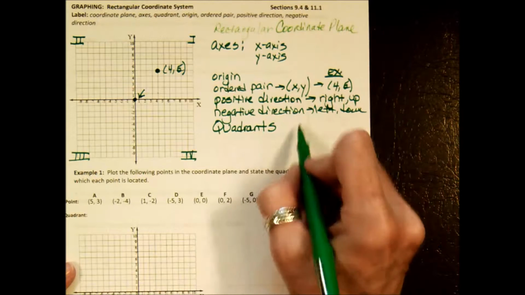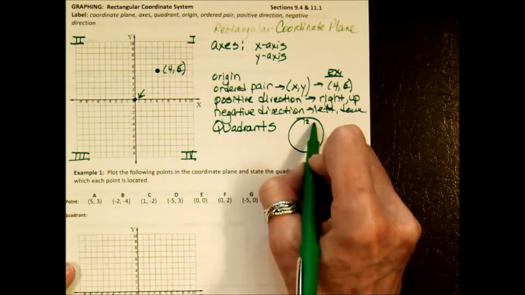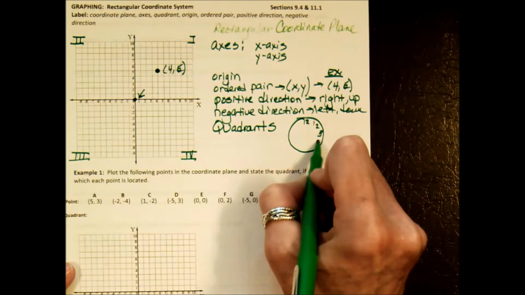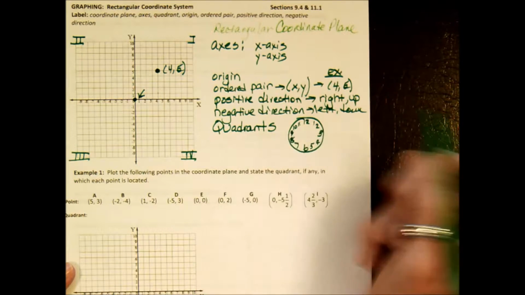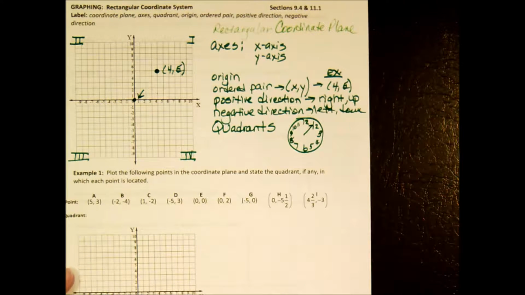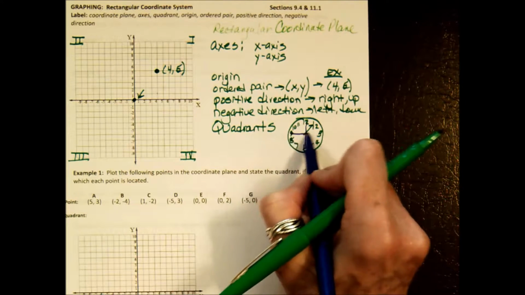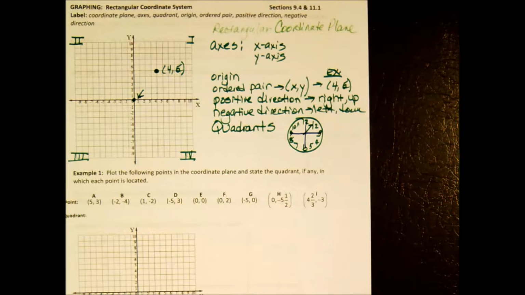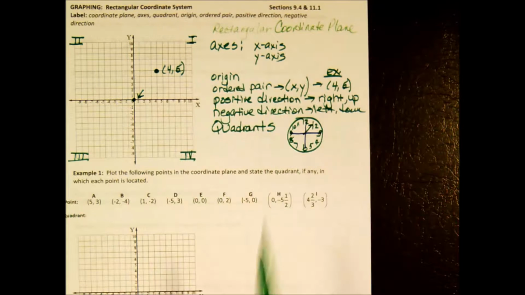You can remember that if you get confused about where the first one is by thinking of a clock. Let me get this labeled and I'll show you what I mean. 1 o'clock on the clock is in the upper right quadrant. If I split my clock into 4 pieces, you can see 1 o'clock is in the upper right quadrant, and it's the same thing with the coordinate plane.